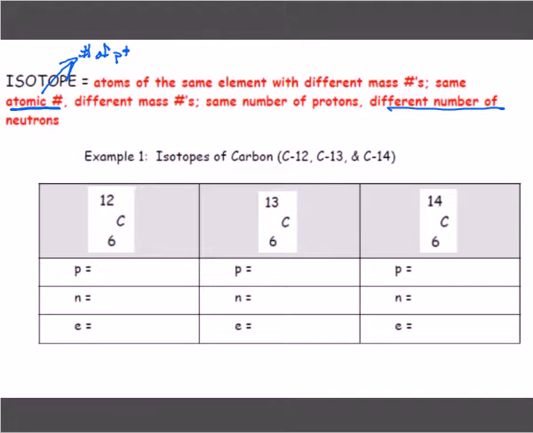Different number of neutrons. They're still the same element because they have that identity piece. They still have the same blood type, still the same fingerprints. That's the protons. But they have a different mass number because they have a different number of neutrons. Why does this happen?